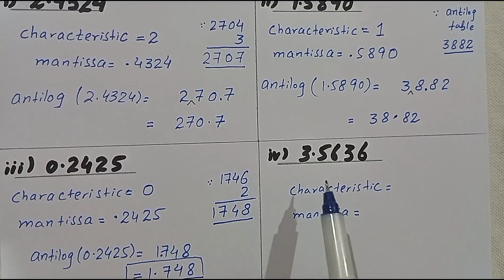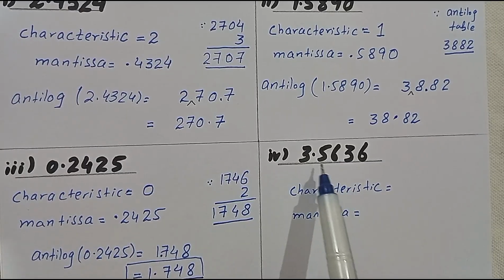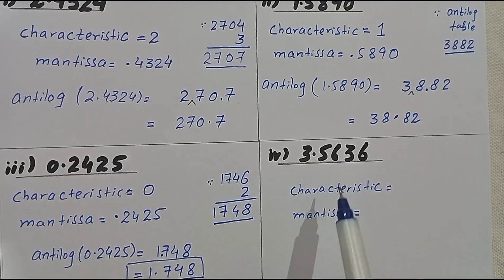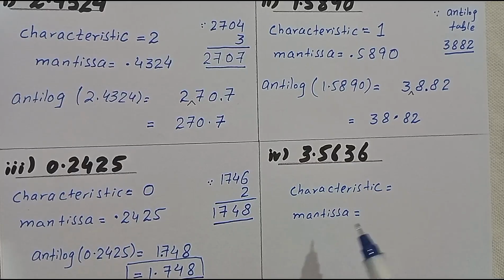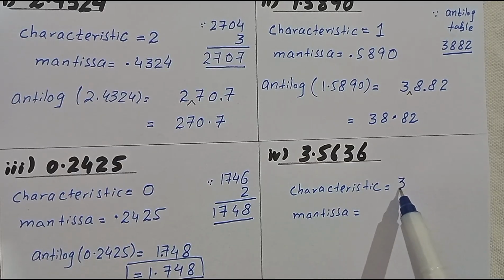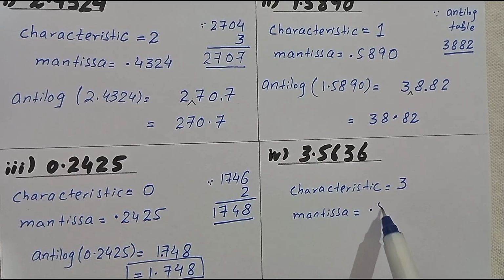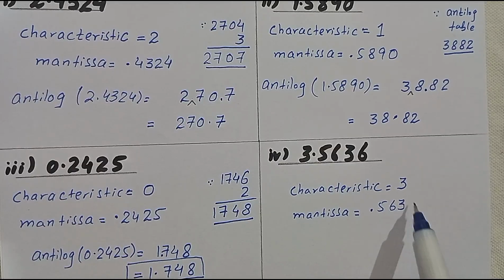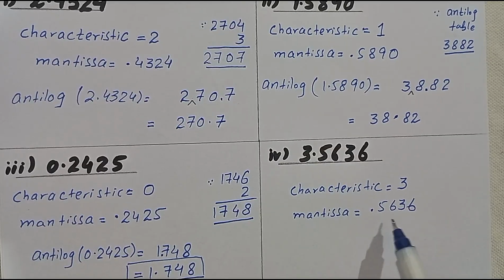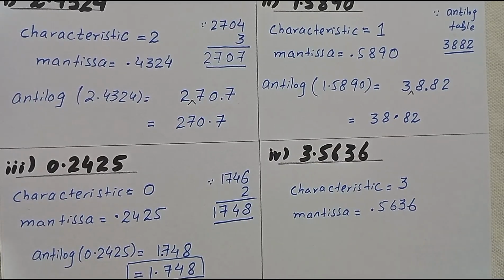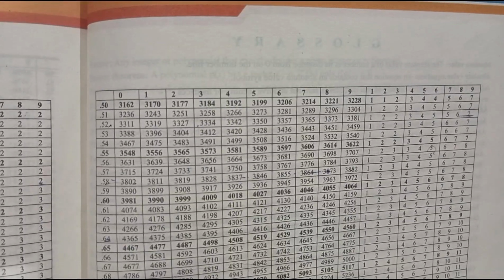In the fourth part, we have to find the antilog of 3.5636. In this number, the characteristic is 3 and the mantissa is 0.5636. So we look up 0.56 in column 3 and add the value of 6 in the antilog table.